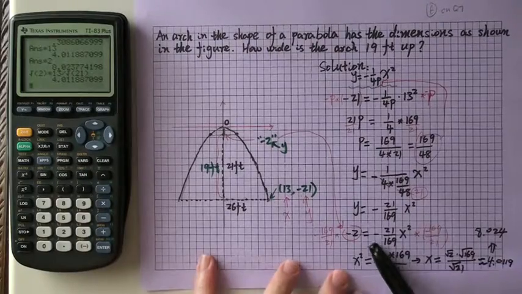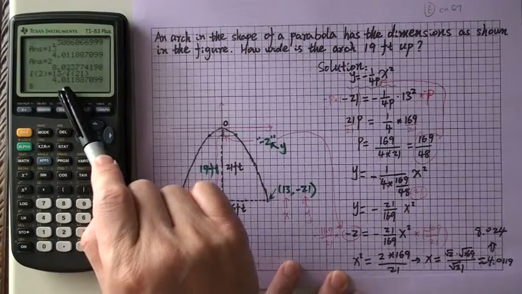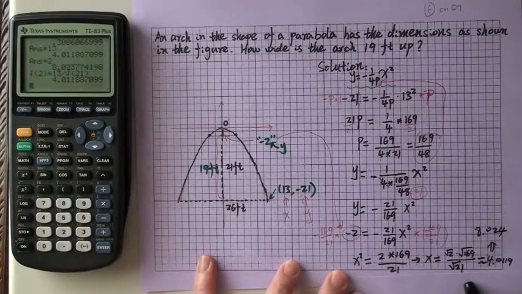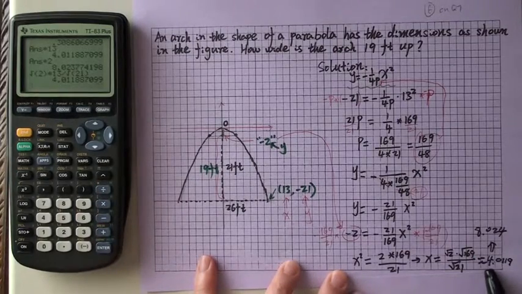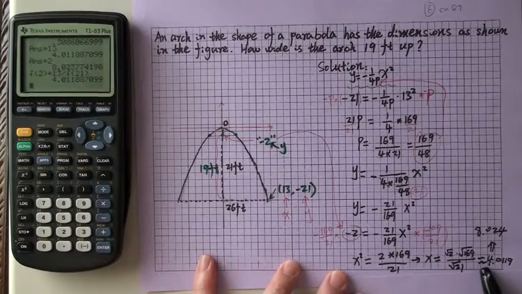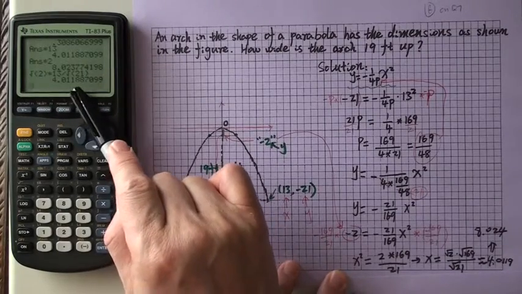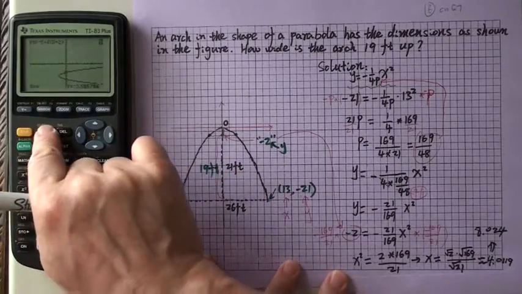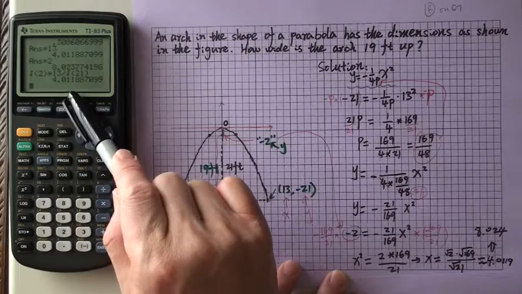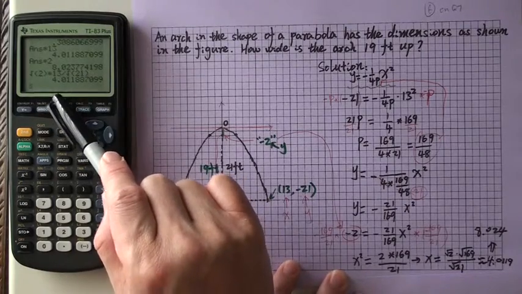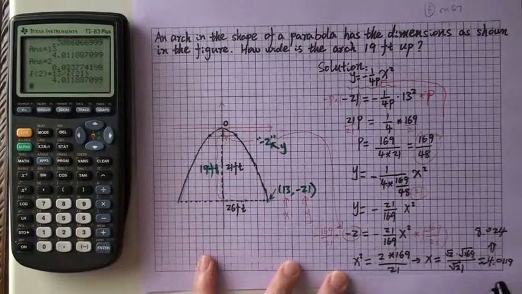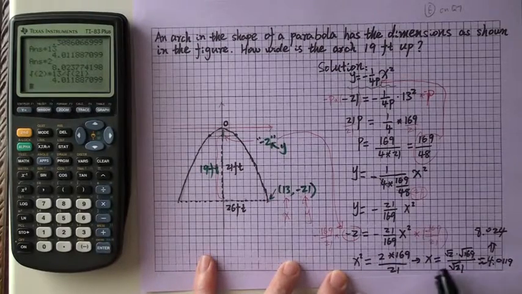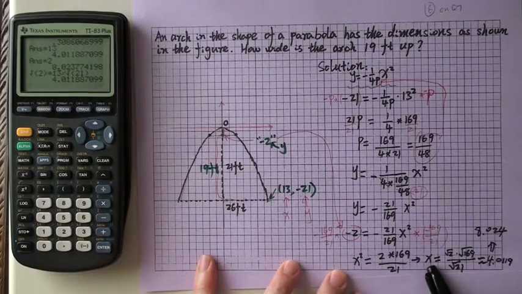You will have approximately 4.01188, so it's 4.0119. Again, that's what you get for x.